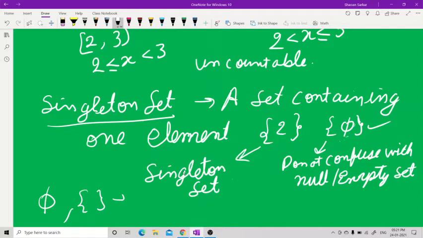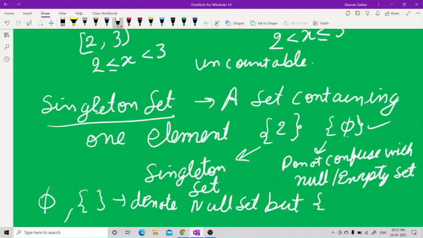These both denote the null set. But this is not a null set, but a singleton set, right? Okay.